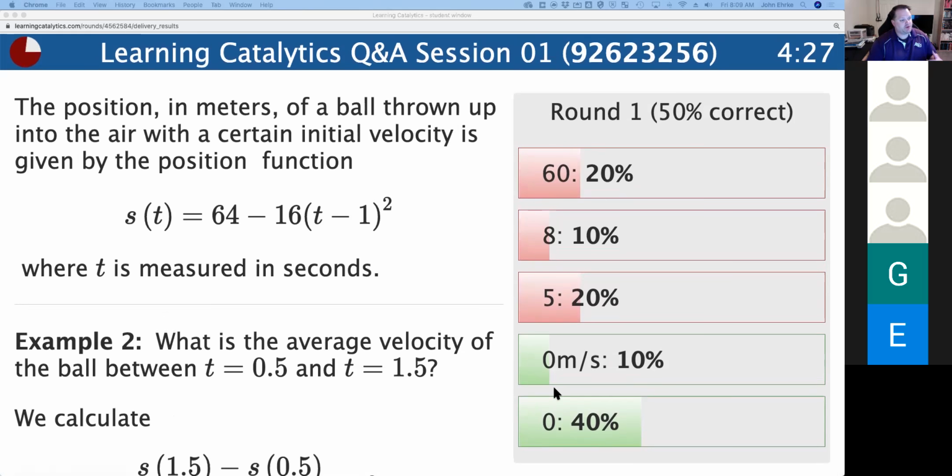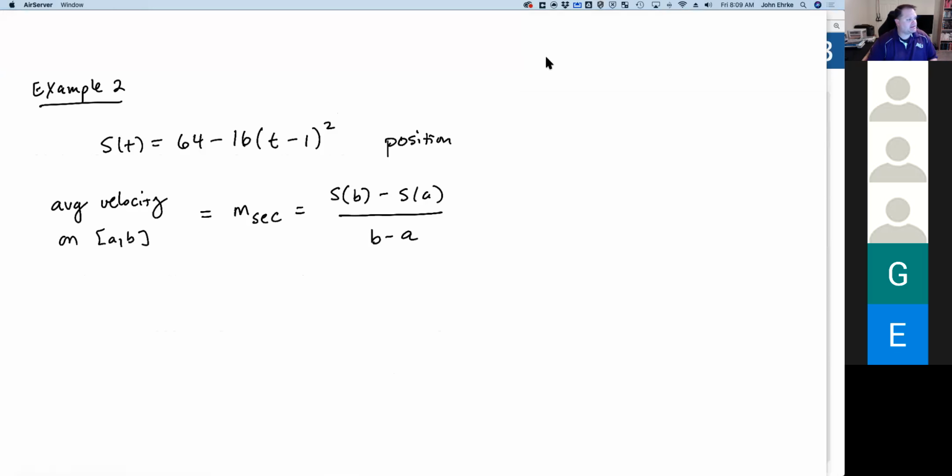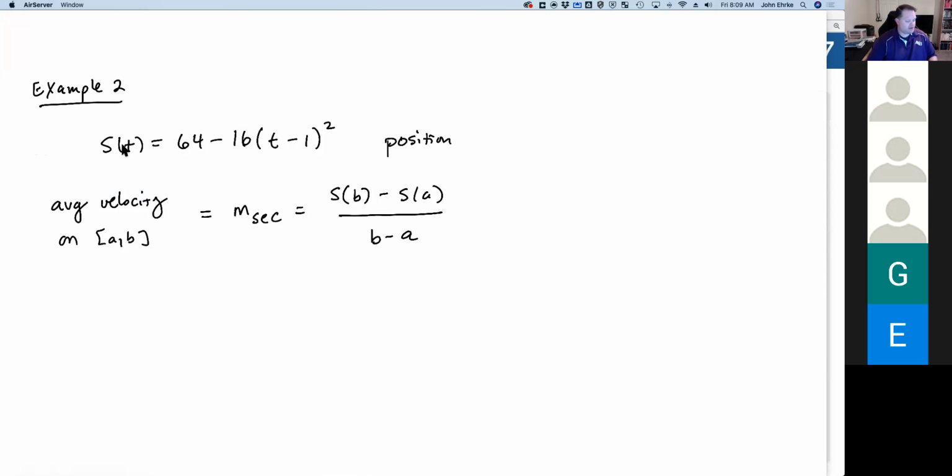I want to look at this first by hand, and then I'm going to look at it in Desmos with you. So by hand, what we have is the position function that was given to us. And we know from class that the average velocity on an interval is the slope of the secant line on that interval, and our secant line formula is just the slope formula. So here the right endpoint is at 1.5 seconds.